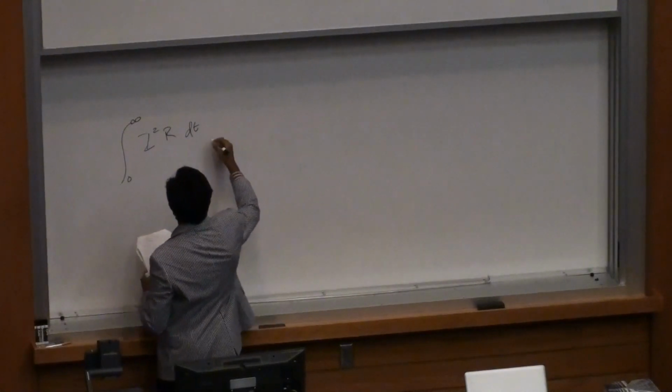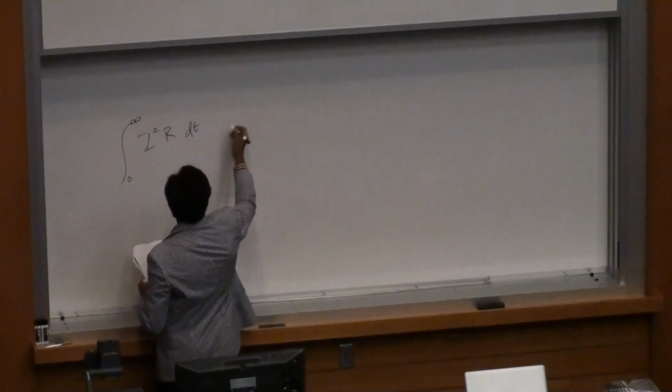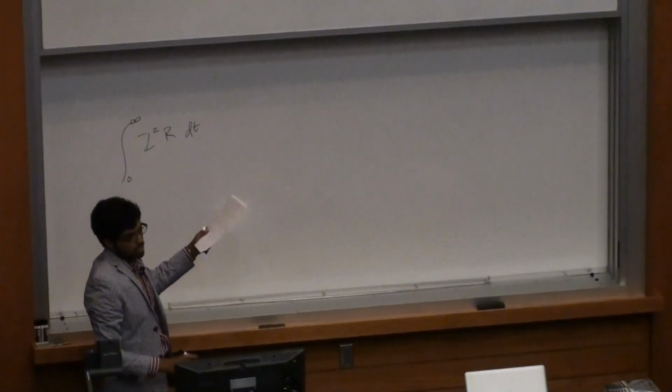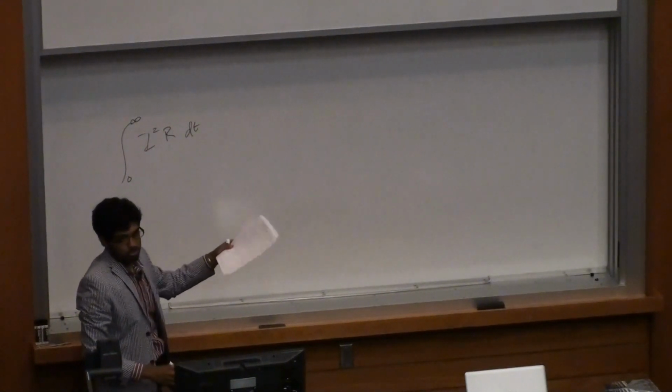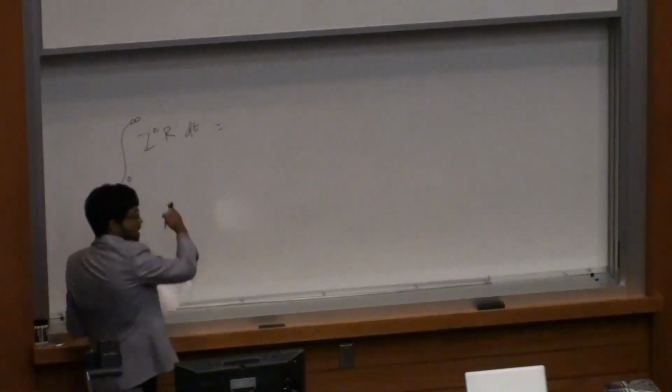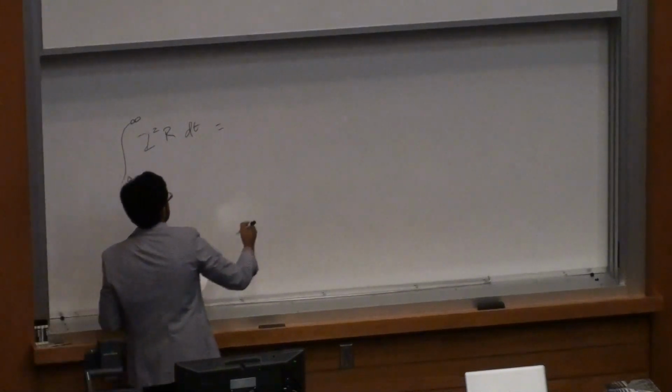I plug in for what my I is here. Again, I had it up there, it's I max times e to the negative R over L t, right? So I max is a constant, R is a constant, so I can pull those out.